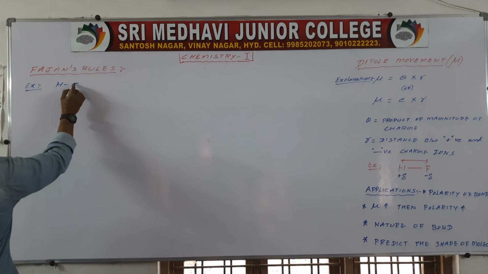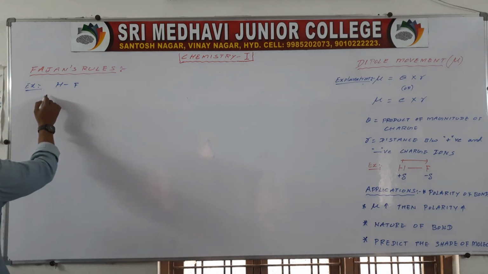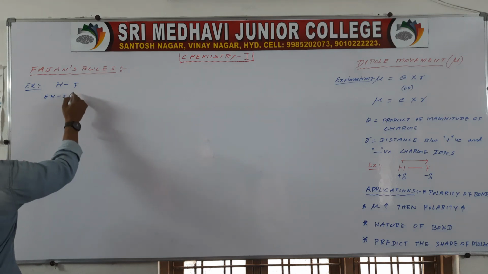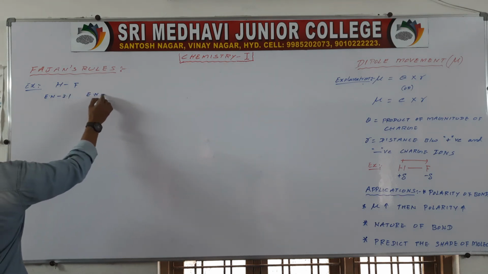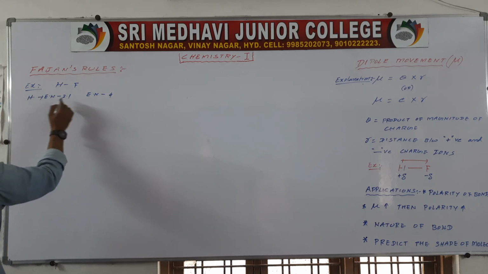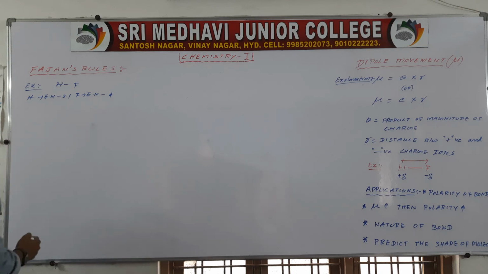See here, first of all, take the example HF. The electronegativity value of hydrogen is 2.1 and the electronegativity value of fluorine is 4. This is hydrogen and it is fluorine.